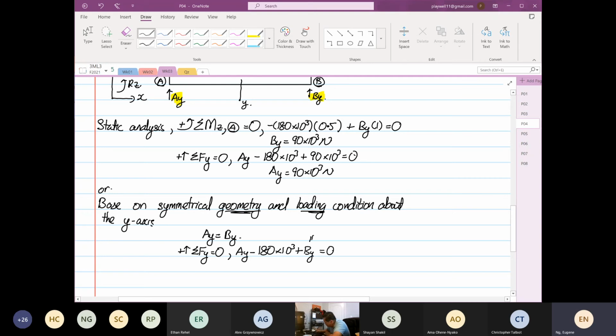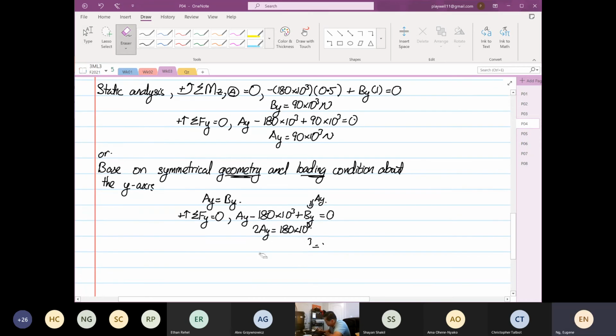The fact that AY is equal to BY, you replace this by AY, so 2AY is equal to 180 times 10 to the power 3. AY is equal to 90 times 10 to the power 3, and this is equal to BY.